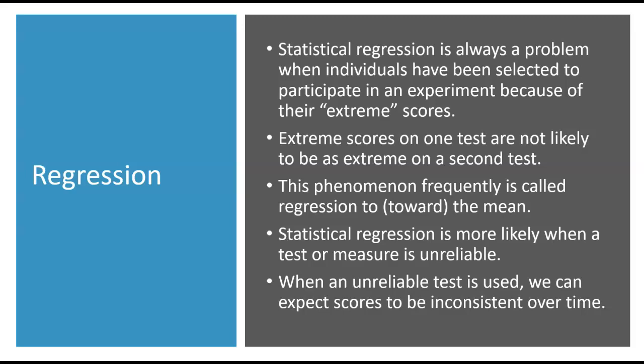In psychology, if you have a test that you're using to assess some sort of cognitive skill, for example, but your measure is lacking in reliability, meaning people will perform one way at one point in time and another way at another point in time, it's just an unreliable instrument. If that's the case, you're going to get a lot of inconsistency in performance over time.